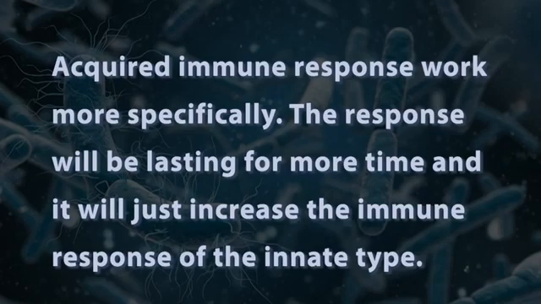The response lasts for more time. It will increase the immune response of the innate type. There will also be the production of a memory system, which helps the cells to acquire the power of acting very quickly in the next encounter of the same antigen.